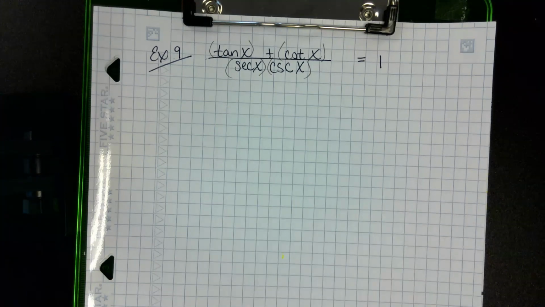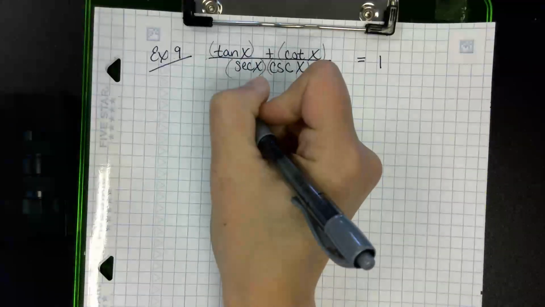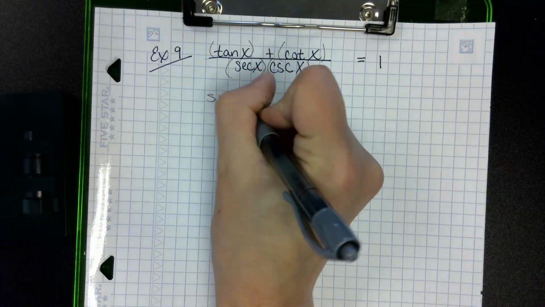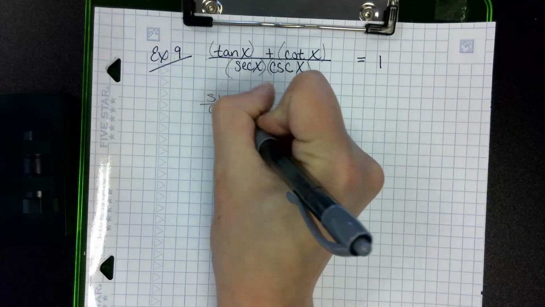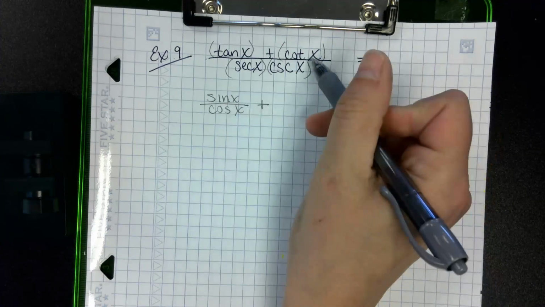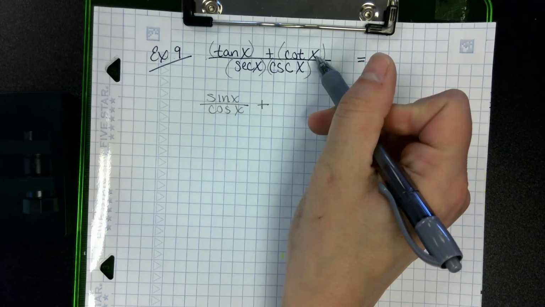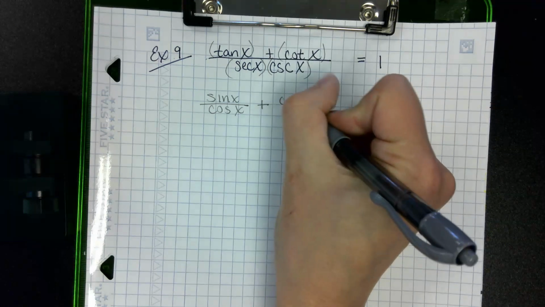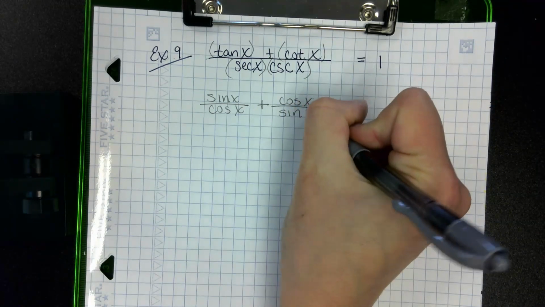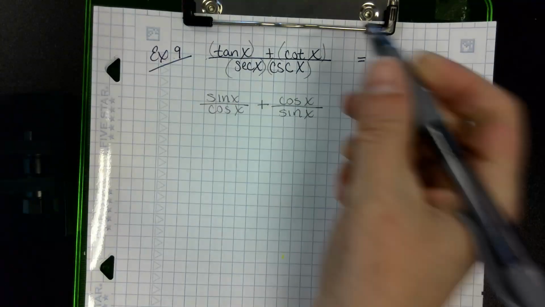I'm turning tangent x into sine x over cosine x. There's a plus sign. I'm going to turn cotangent x into cosine over sine. And that takes care of the numerator.